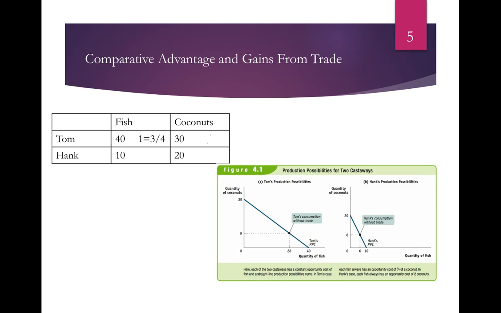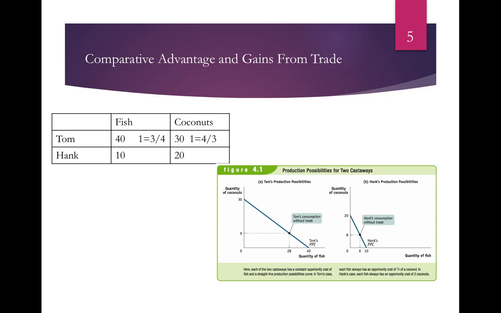So one fish equals 3/4 of a coconut. And if we want to know how many fish Tom must give up when he's catching coconuts, we're talking about coconuts, fish is the other one, 4 over 3. So one coconut equals 4/3 of a fish. Meaning every time Tom picks a coconut, he is not catching 4/3 of a fish.